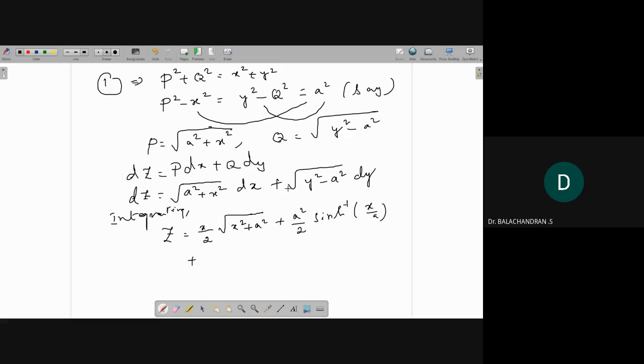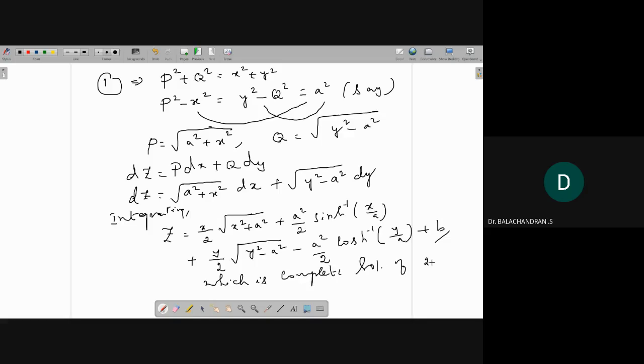Plus, if you integrate root of y square minus a square, you will get y by 2 root of y square minus a square minus a square by 2 into cosh inverse of y by a, plus some arbitrary constant b, which is the complete solution of equation 2.